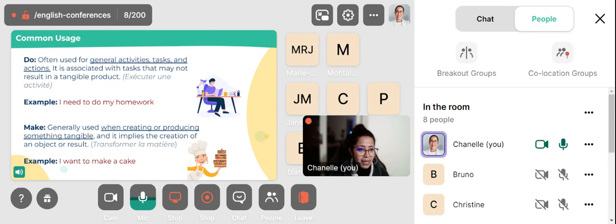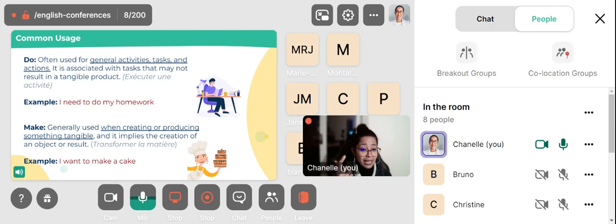When you think of fabriquer, it's almost as if you create something. For example, when you make a cake, you are creating a cake. So we don't say in English to do a cake. We say we make a cake because you end with a product. À la fin, il y a un produit. There is a product that we have. So when there is a product that we end with, we normally use make.